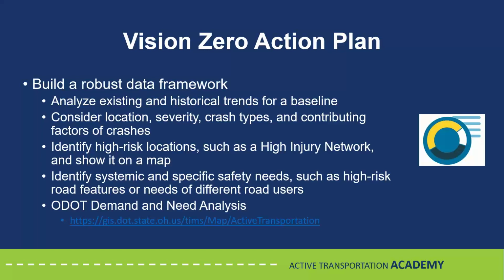ODOT has this great tool on TIMS that can help you identify where the latent demand is. So allow these analyses and your equity analysis to guide your infrastructure implementation strategy, and definitely your other program and policy strategies.